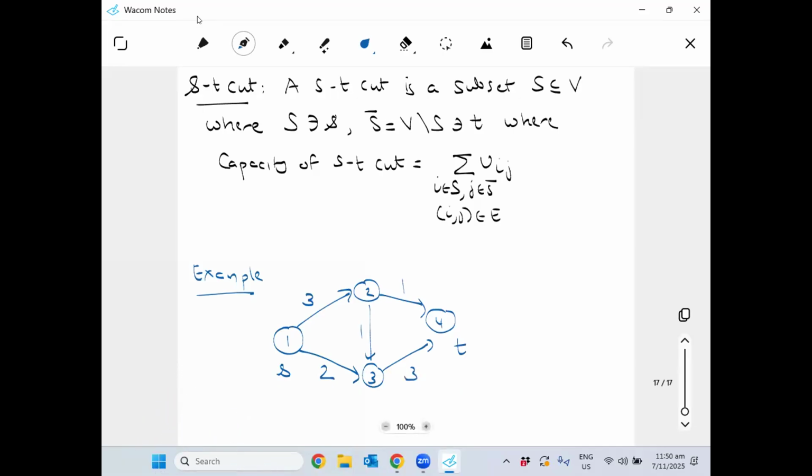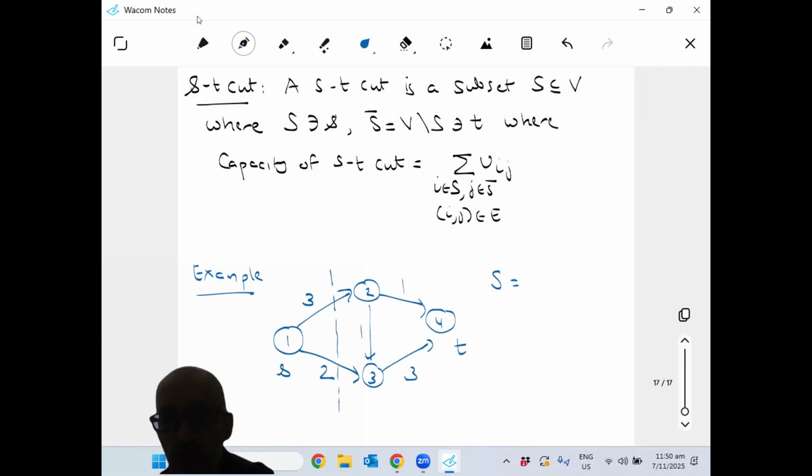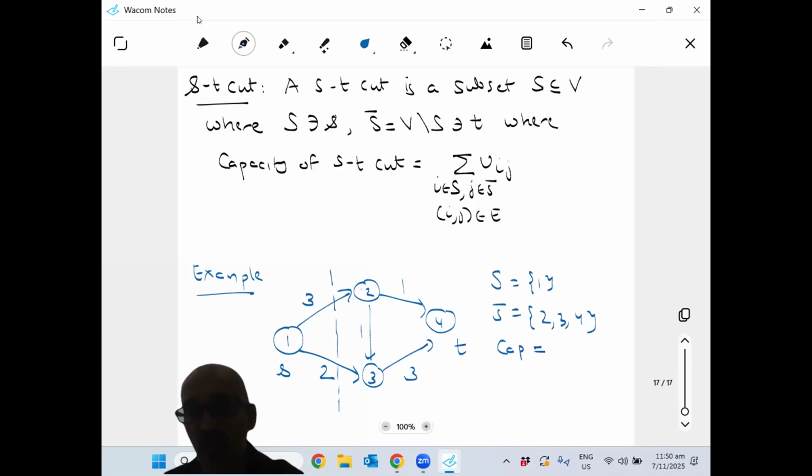So what's an ST cut? It's a cut through the graph which splits the nodes into two sets. Small s should be on one side, small t should be on the other side. For example, if I cut the graph this way, this node set will be just 1, and S bar will be 2, 3, 4. The capacity of this cut is 3 plus 2, the edges going from i to j where i is on this side and j is on this side. Capacity is 5.